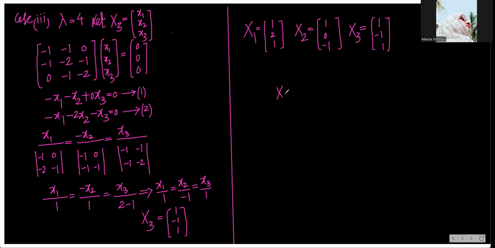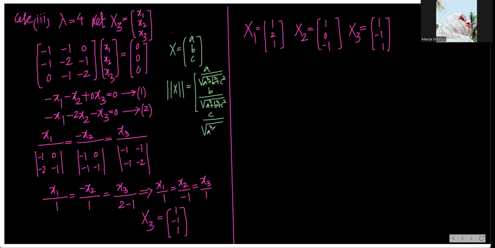Normalize means double mod, we have to take. A small example of how to normalize: if you have a matrix a, b, c and you want to convert it into the normalized vector, the rule is a by root of a square plus b square plus c square, b by root of a square plus b square plus c square, and c by root of a square plus b square plus c square.